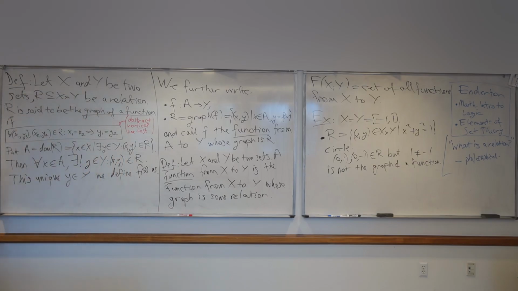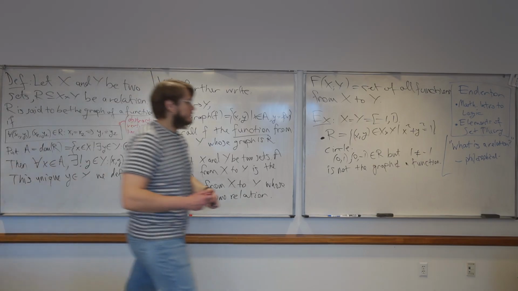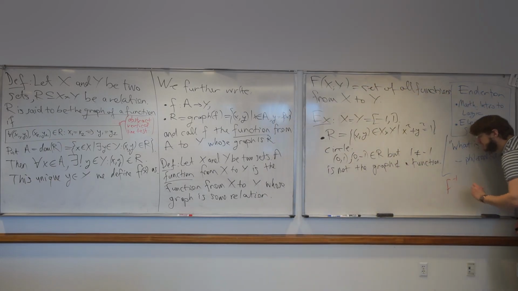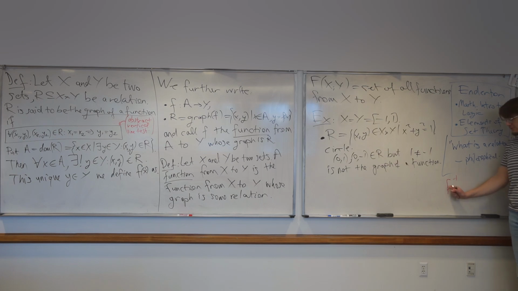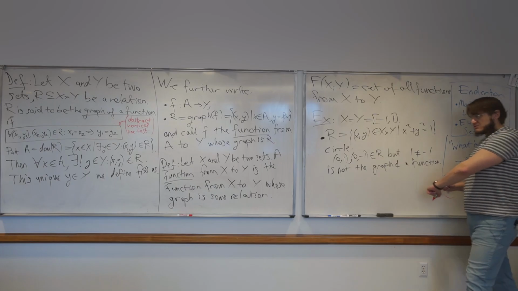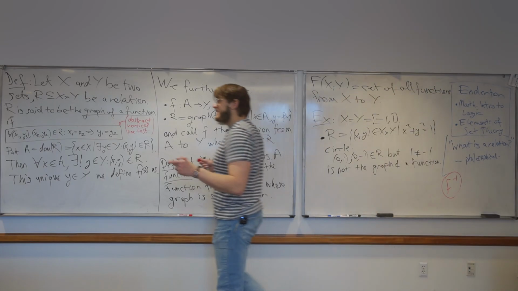There's one issue I'm going to mention in a second, and that has to do with this symbol, f to the minus 1. How many of you have seen something like this before? Okay, so this is going to be an issue for us. There are two ways to interpret this, because we're going to use the same symbol for two slightly different things.